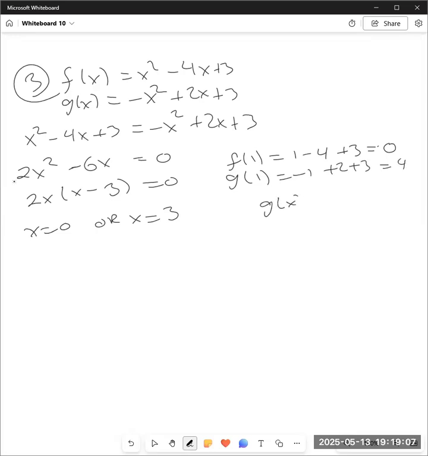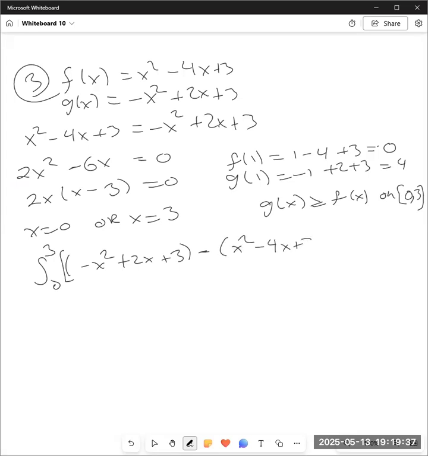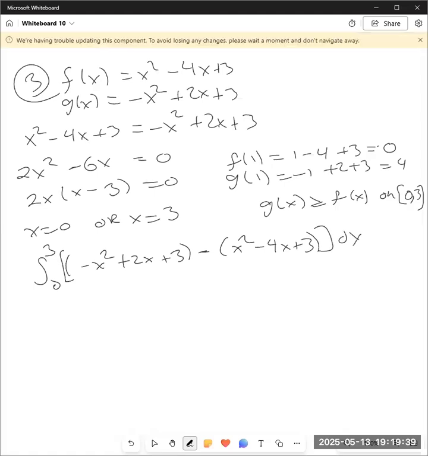So g of x is greater than or equal to f of x on the interval from 0 to 3. So I'm going to take g minus f. So that is the integral from 0 to 3 of negative x squared plus 2x plus 3 minus x squared minus 4x plus 3 dx.